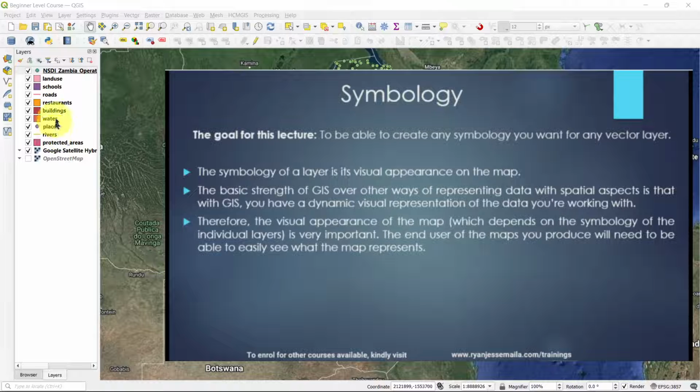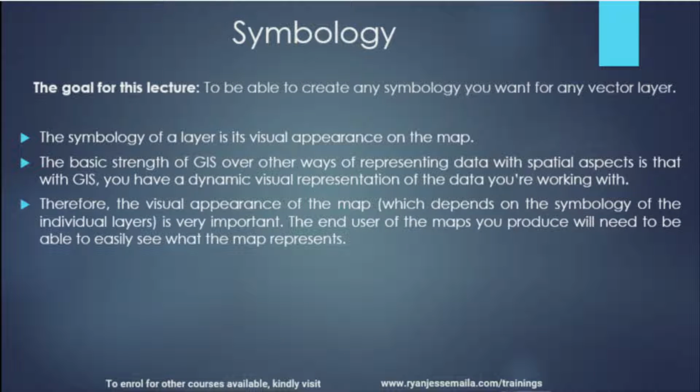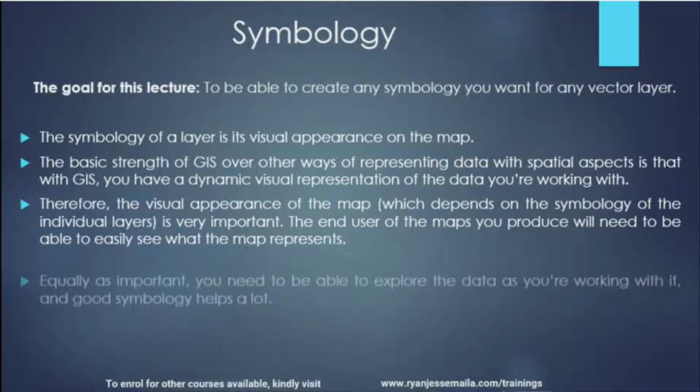These layers here, these are individual layers. As you can see, they've got different colors, so you can present them differently individually. And this is very, very powerful and handy when it comes to symbology.